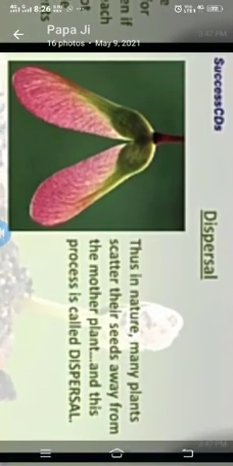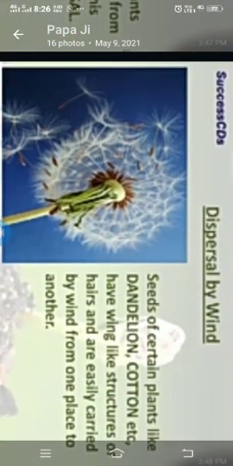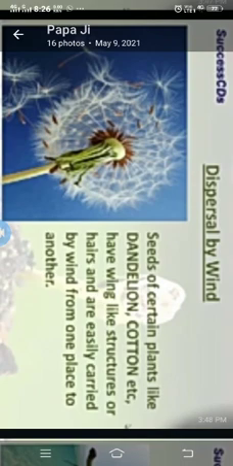In nature, many plants scatter their seeds away from the mother plant, and this process is called dispersal. Dispersal by wind: seeds of certain plants like dandelion, cotton, etc. have wing-like structures or hair and are easily carried by wind from one place to another.